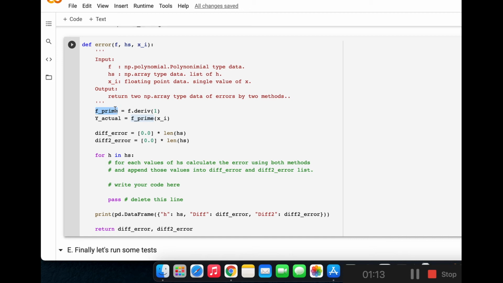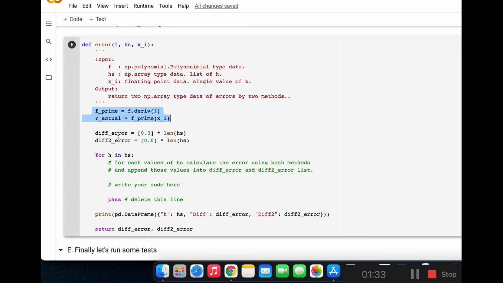After we get the function, we need to calculate the corresponding value of y for the specified value of x that we had previously passed through. So in y actual, we now have the actual answer of the derivative for the value of xi.